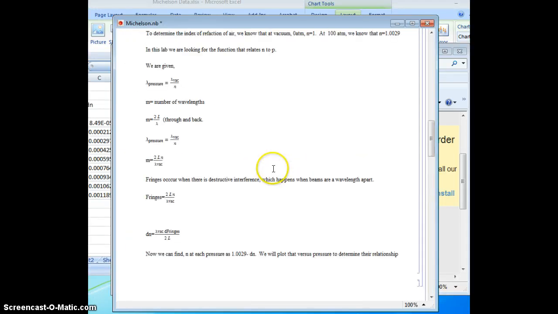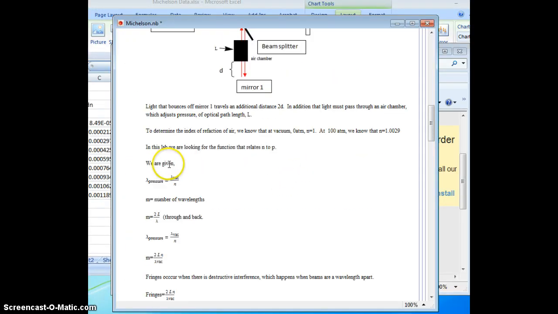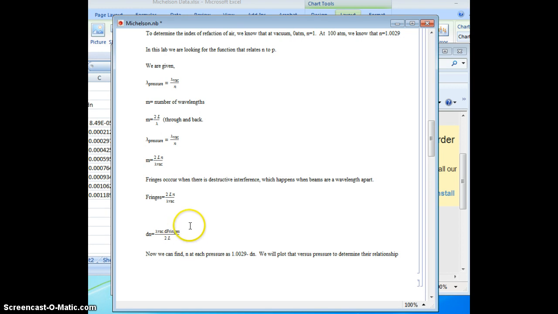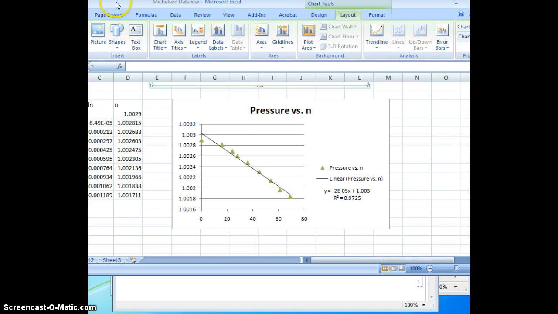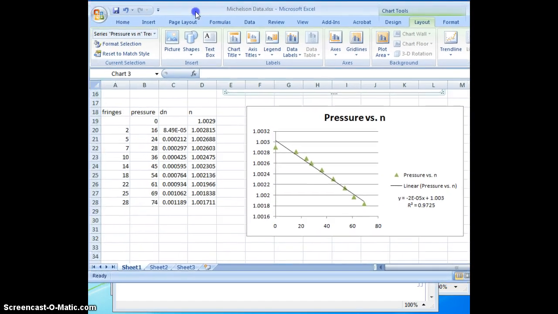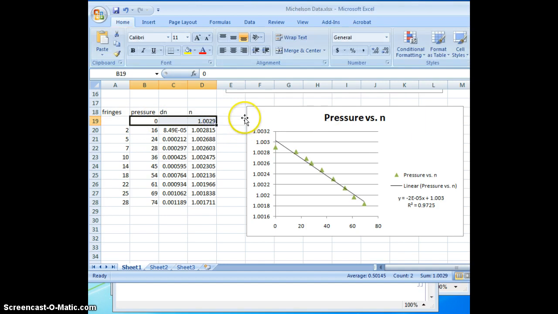So how do I do data analysis? Basically, we're comparing index of refraction to pressure, and using the fringes to do that. I've got data right here. First of all, we know that at a pressure of 0, the index of refraction is 1.0029.